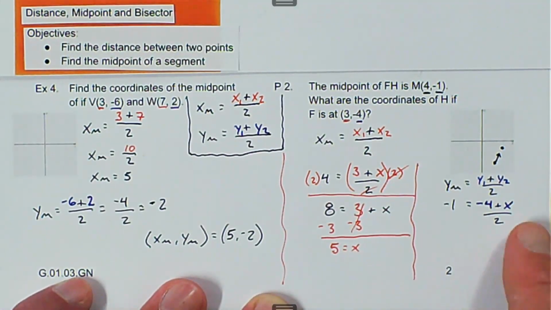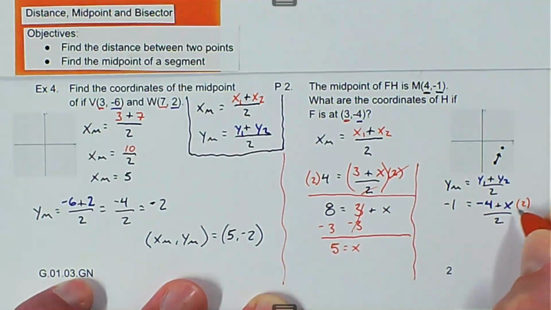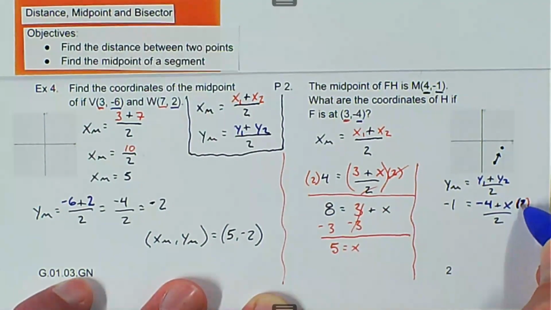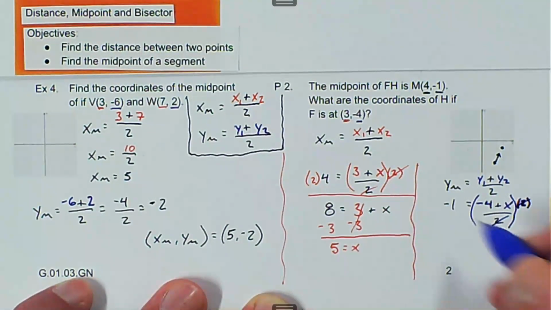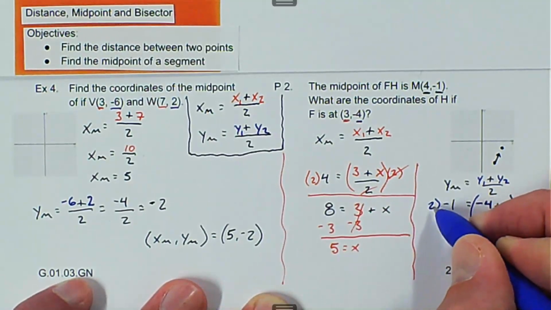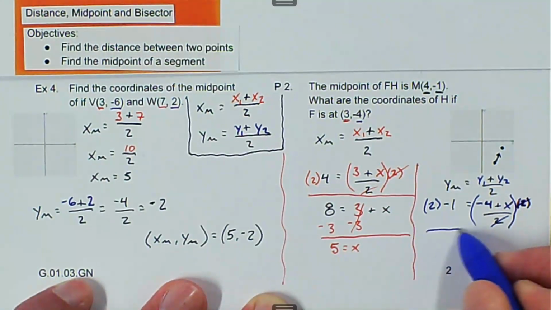We're going to do the same steps. Because -4 plus x is joined in a group by division, the first step we have to do is multiply both sides by 2. I'm going to multiply by 2 because I want the 2's to cancel, and multiply by 2 on this side.